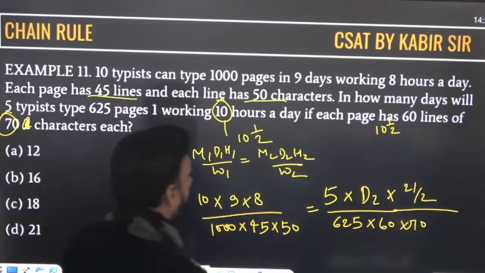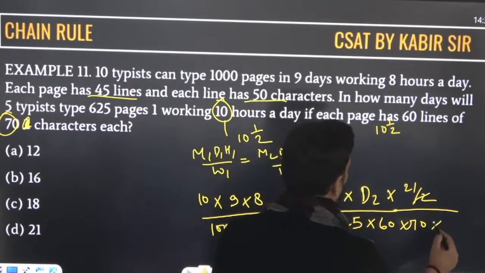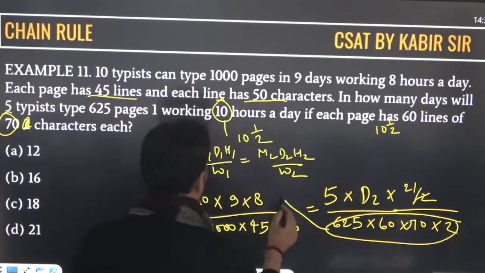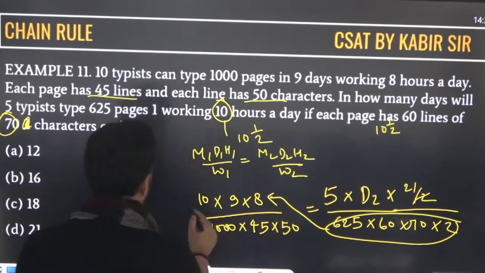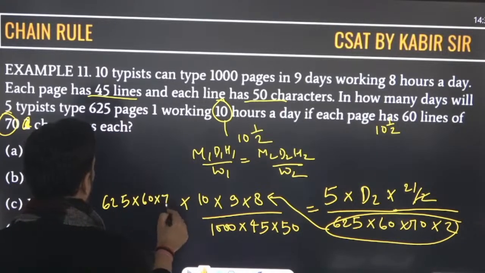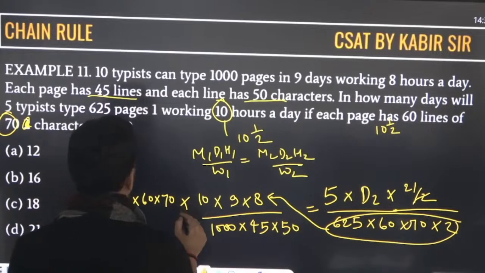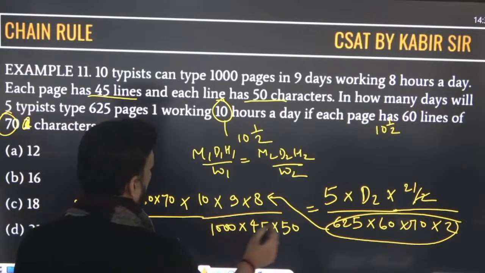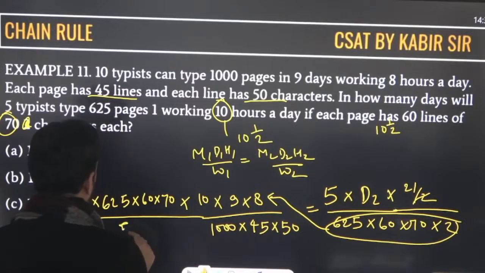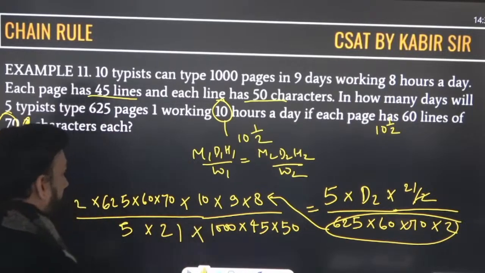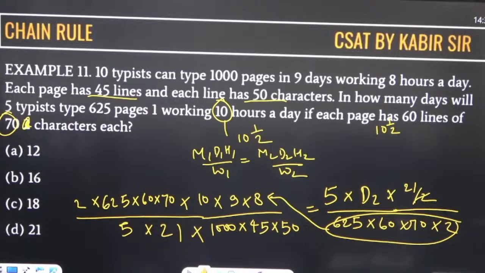This will come, this whole thing will come this side. Come 6, 5, 5, right?